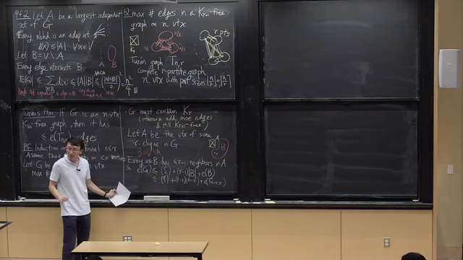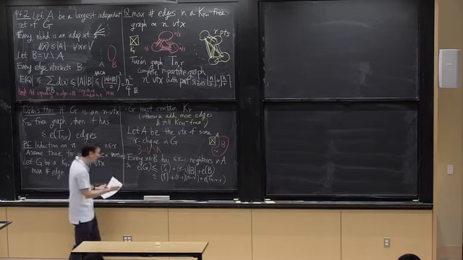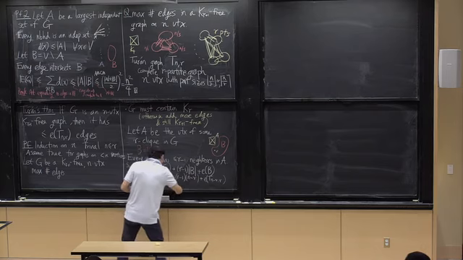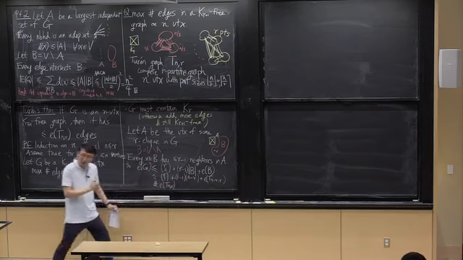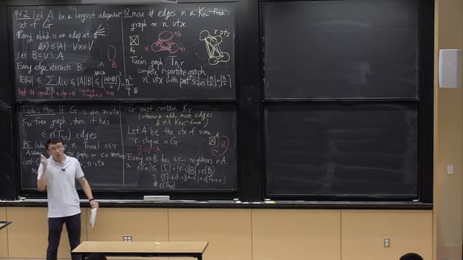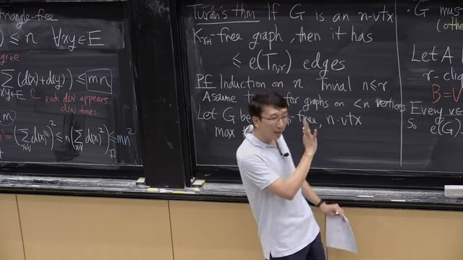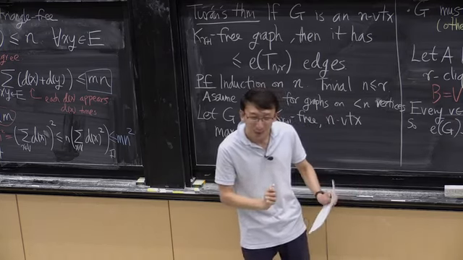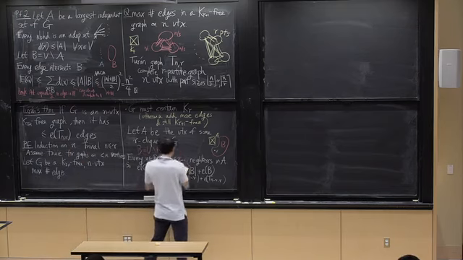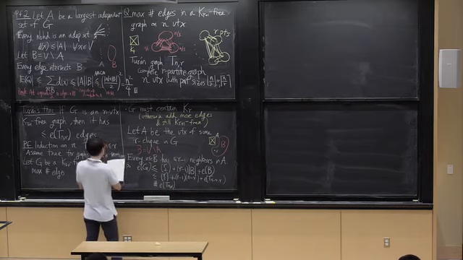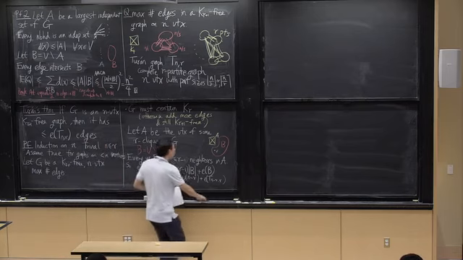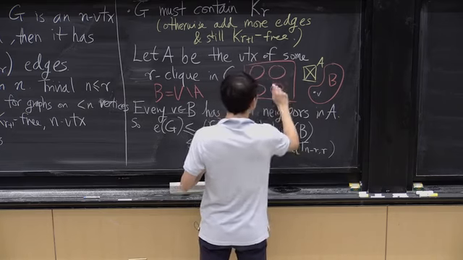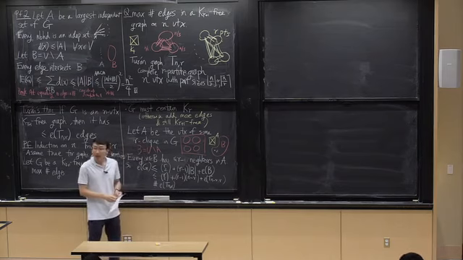Now at this point, you can do a calculation. You should expect that the answer we're looking for is equal to the number of edges in the Turán graph. So you can either just do a calculation to figure this out, or remember what I said earlier, that you should keep the tight example in mind, and everything should check out for the tight example. So in particular, if you are in the situation of a complete multipartite graph with equal size or nearly equal size parts, what is A?